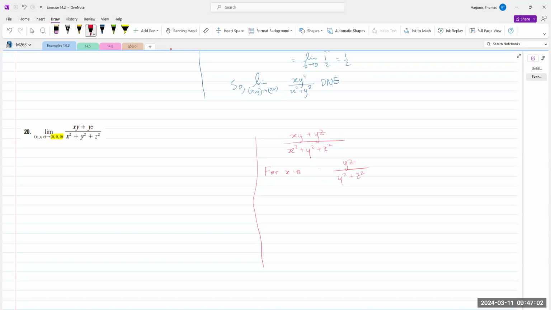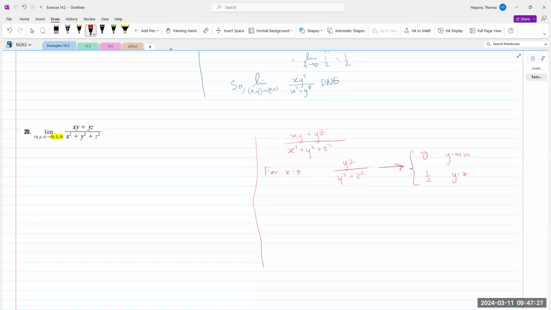Now, I hope at this point you get used to this. You know that for this one, the limit does not exist. The limit is 0 along the y-axis and along the z-axis, but it will be 1/2 when y equals z. If you don't believe me, you try to squeeze it, then you will see that's what happens.